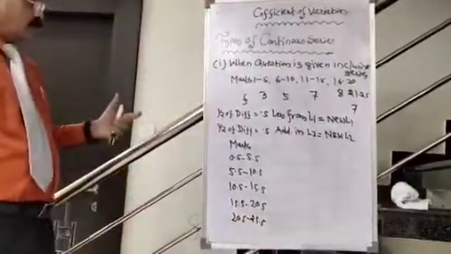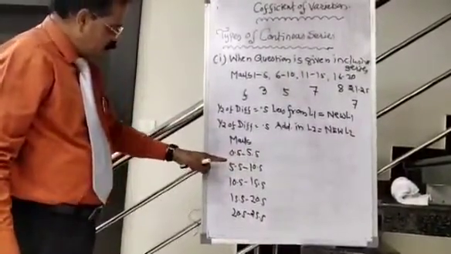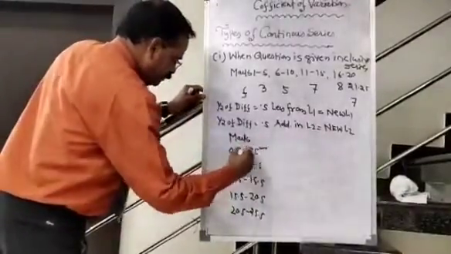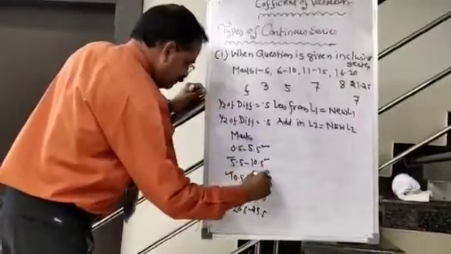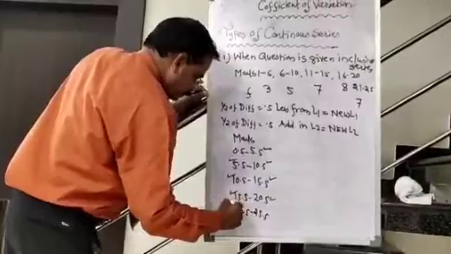So the recognition of exclusive series is every L2 will be same as next L1. So here 5.5, 5.5, 10.5, 10.5, 15.5, 15.5, 20.5 and 20.5.